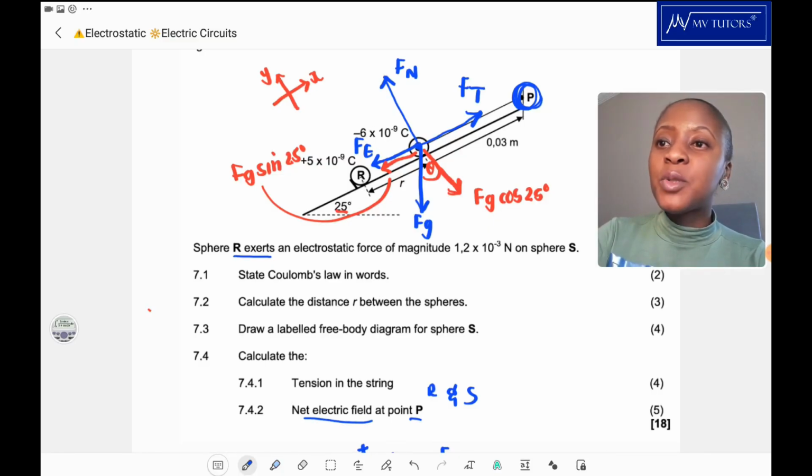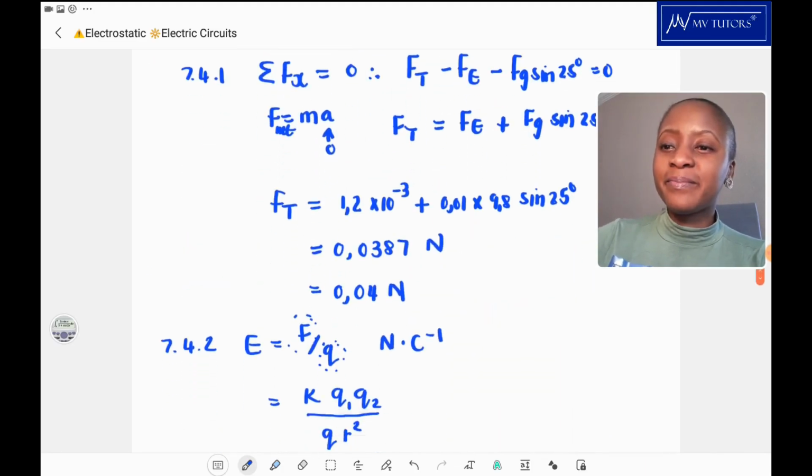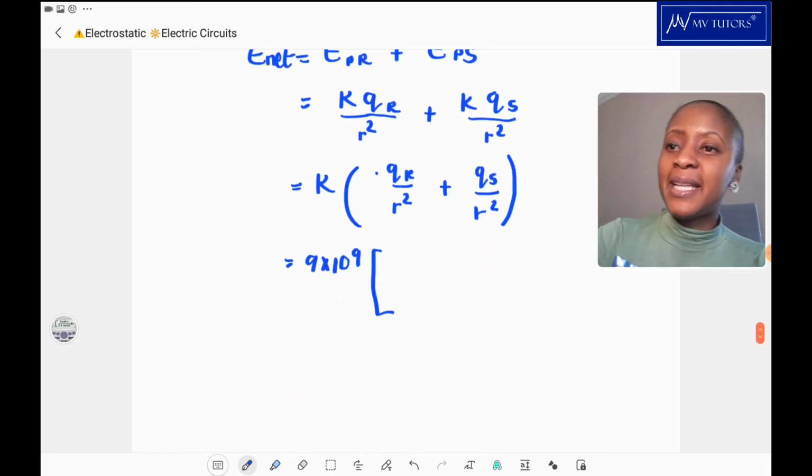The distance between R and P, remember we calculated small r, which was 0,015. So the distance between R and P will be 0,015 plus 0,03, but the distance between S and P is just 0,03. Let's go ahead and write it down.